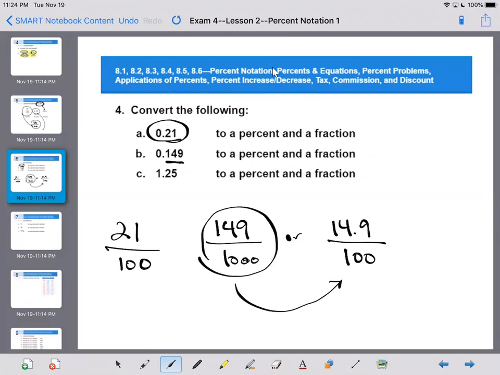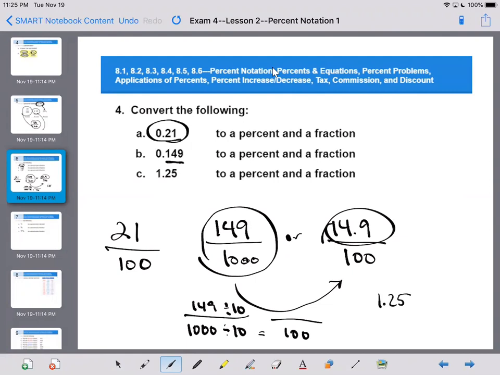Well, if I divide 1,000 by 10, what do I get? I get 100. If I divide 149 by 10, what do I get? I get 14 9/10. And then last, if I take 1 25 hundredths and change it to a fraction, 1 25 hundredths, or 125 hundredths.